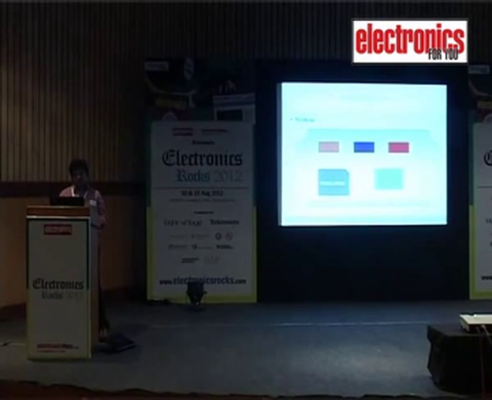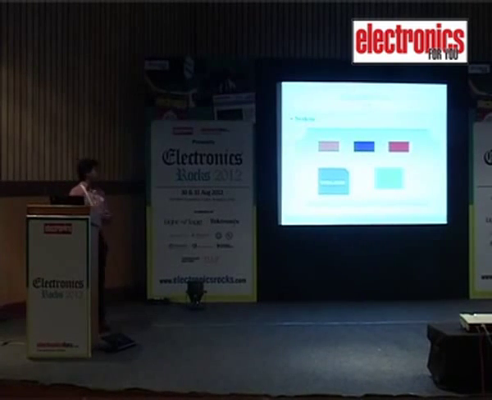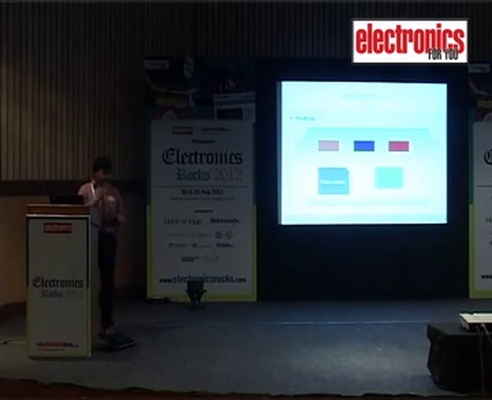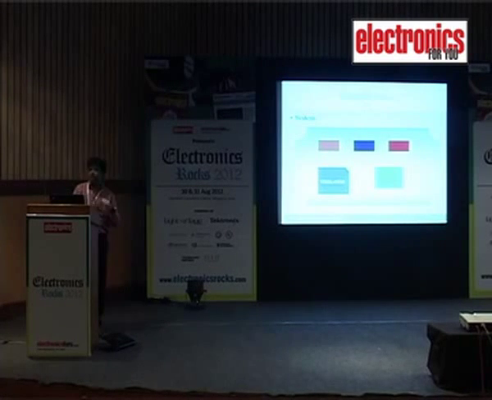But the only constraint here we have to look into is what kind of resources are available. Typically, if we are targeting FPGAs, then we might have to look into the availability of block RAMs or distributed RAMs that are available in order to use them for our ROM model.